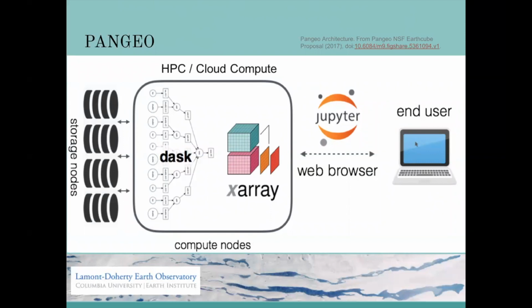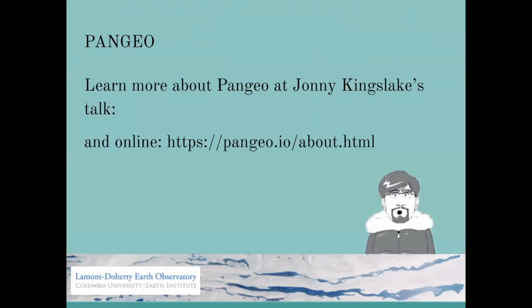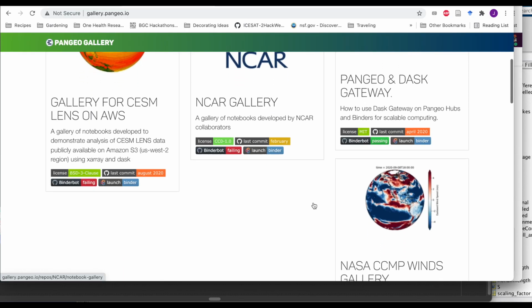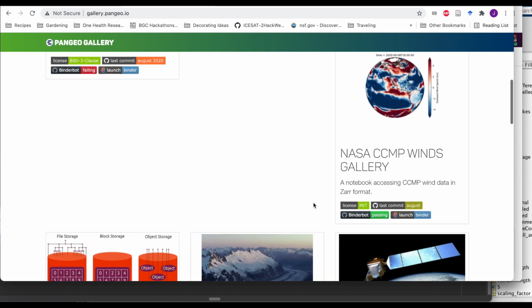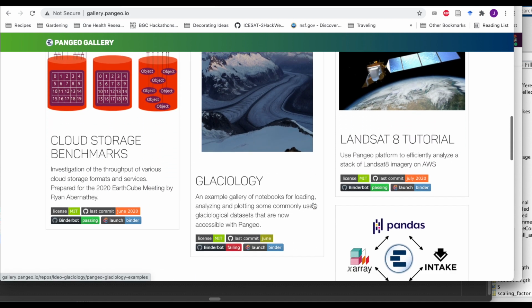I've been able to use a cloud platform called Pangeo in order to both store these large data sets in these storage nodes, as well as use the parallelizability of Dask and cluster computing in order to do this pre-processing step across tens of gigabytes of data, all while using just a home web browser on my laptop. If you're interested, I highly recommend visiting gallery.pangeo.io to see a gallery of amazing examples of how Pangeo can be used.